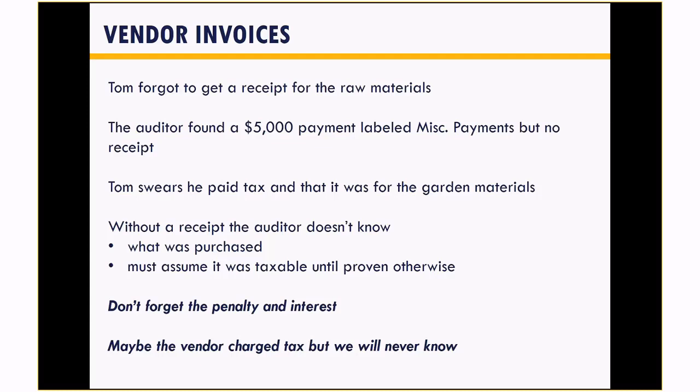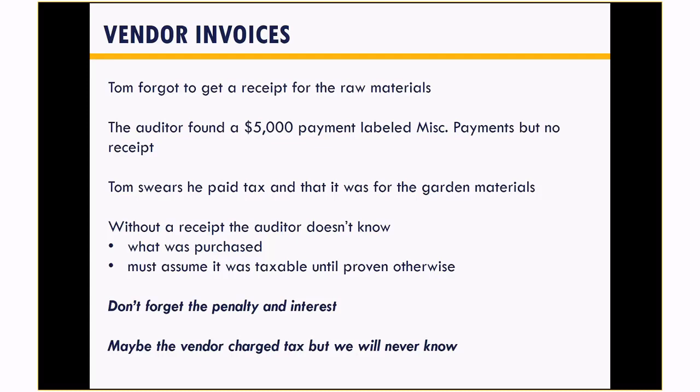Tom bought the raw materials. All the auditor finds is a $5,000 payment labeled miscellaneous and no receipts. It's just a $5,000 out. The auditor has no choice but to presume that something taxable was purchased until you can prove otherwise. And we have nothing.